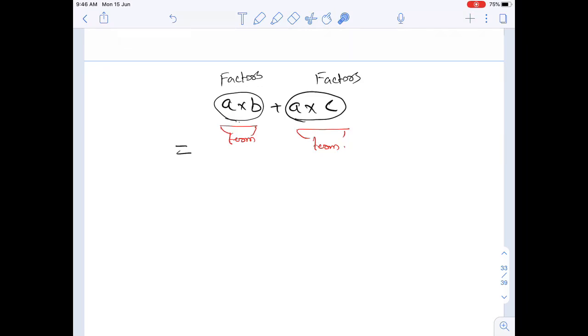Now suppose we have it in this way, a into b plus a into c. So what can we do? This is our first term, this is the second term, and in both these terms a is present, so we can say that a is common in both the terms. So we will take this common outside.